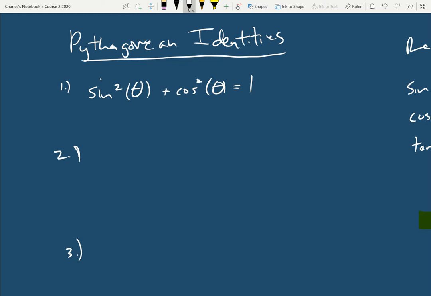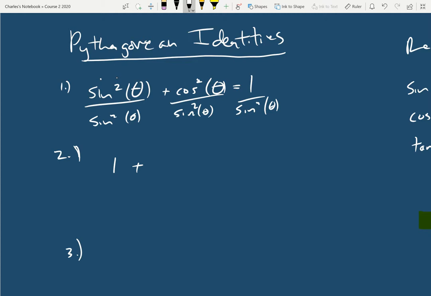The second and the third one you get to by dividing this whole equation by sine squared of theta. What is that going to equal? Sine squared over sine squared is 1. Cosine squared over sine squared is cosine over sine, which is the inverse of sine over cosine, which is tangent, remember?